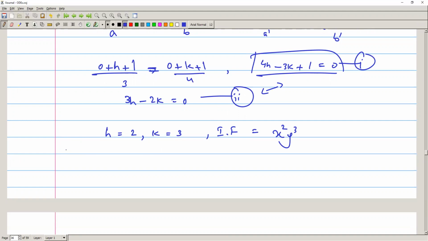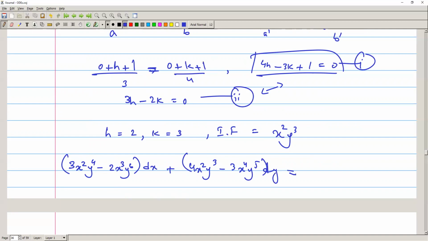Now we need to simply multiply with the differential equation that is given, and we will get (3x squared y to the power 4 minus 2x cubed y to the power 6) dx plus (4x squared y cubed minus 3x^4 y^5) dy is equal to 0.